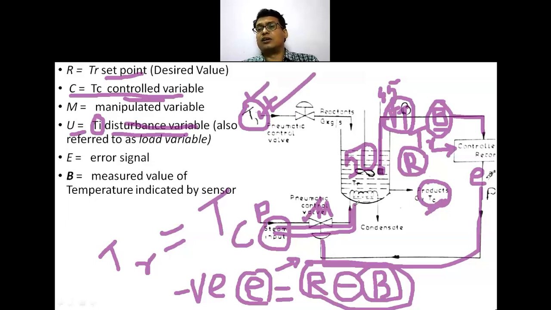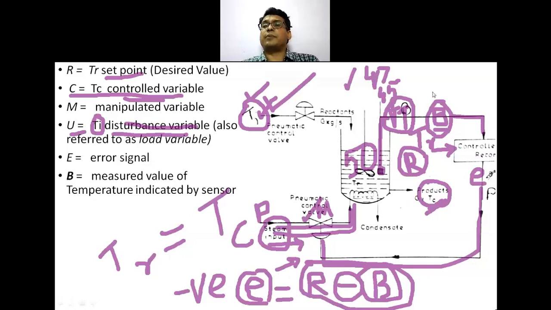As a result, the temperature slightly increases, and again it reaches 47 degrees Celsius. Still there is an error. So again the control valve will be slightly opened, so that more steam will enter into the process, and as a result the temperature may increase.